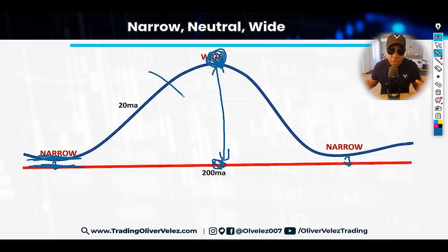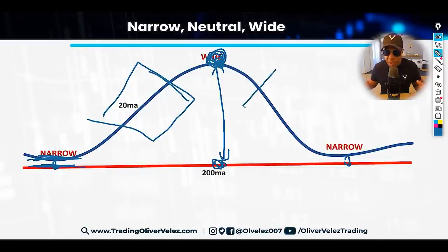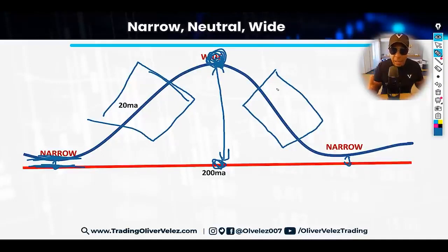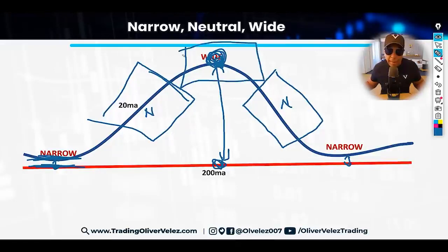Well, it's in between. Neutral is in between, where it's not very narrow, but it's also not very wide either. And so here are your neutral states. Now, here's your wide state. And here's your narrow state.